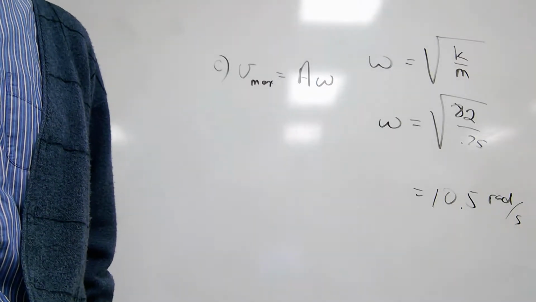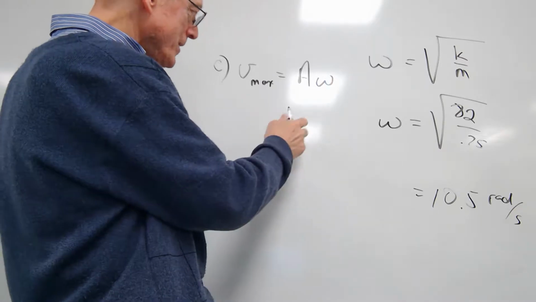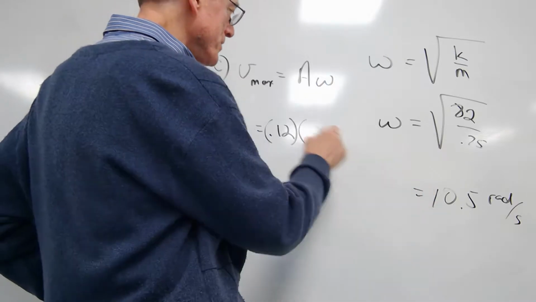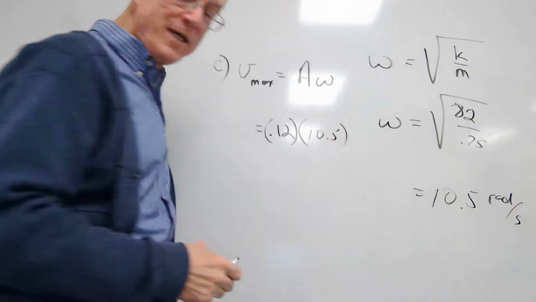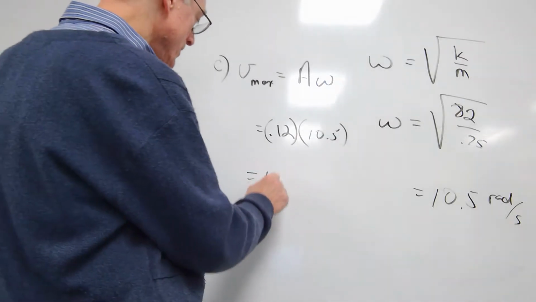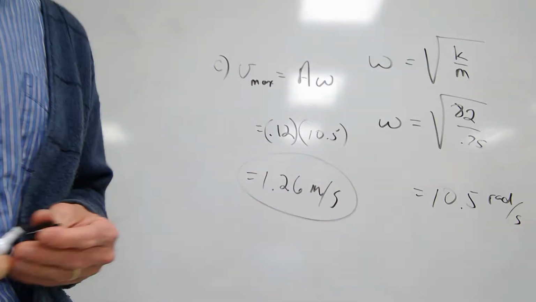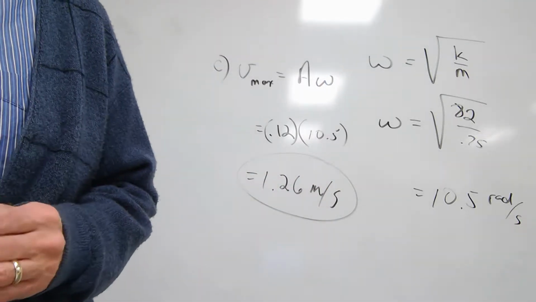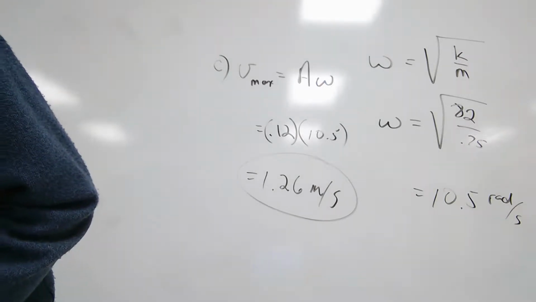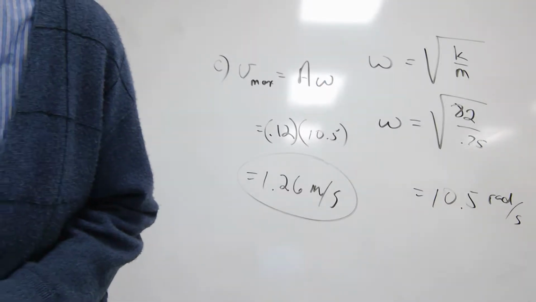We've just found the omega to be 10.5. And the amplitude was listed when it said that the distance it pulled it back was 0.12. So I believe that will give us the correct answer, which is 1.26 meters per second. That's the fastest the mass will ever be moving. That's part C. And then D, determine the magnitude of the maximum acceleration of the block.